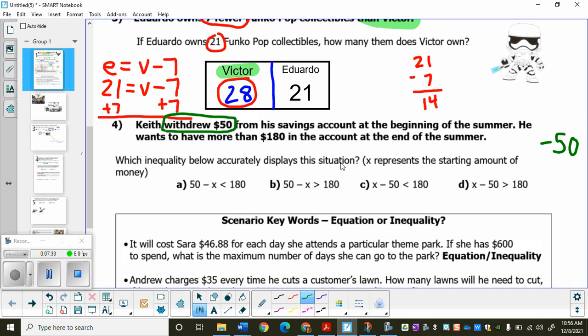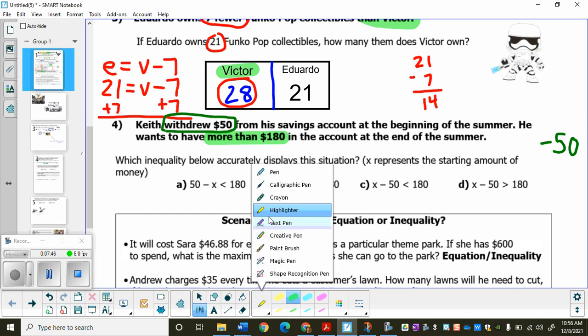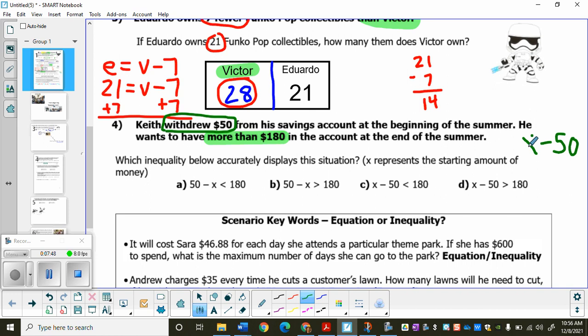Now, when we look at our answer choices down here, we're asked which inequality below accurately displays this situation, if X represents the starting amount of money at the beginning of the summer. So we don't know how much he started out with at the beginning of the summer. All I know is that he withdrew 50, and we want this amount right here to be more than 180 by the end of the summer.